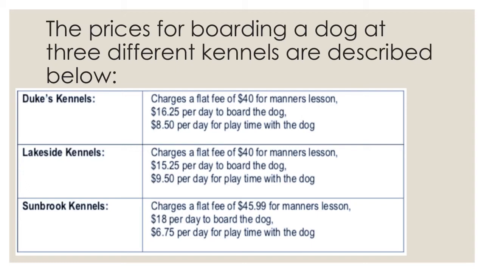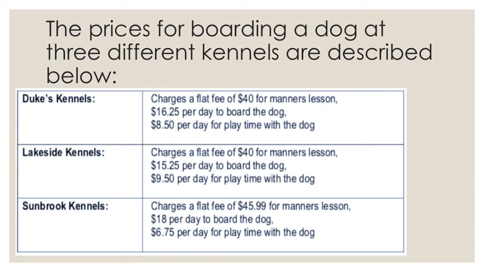Lakeside Kennels charges a flat fee of $40 for manners lessons, $15.25 per day to board the dog, and then $9.50 per day for playtime with the dog. And finally, Sunbrook Kennels. They charge a flat fee of $45.99 for manners lessons, $18 per day to board the dog, and $6.75 per day for playtime with the dog.